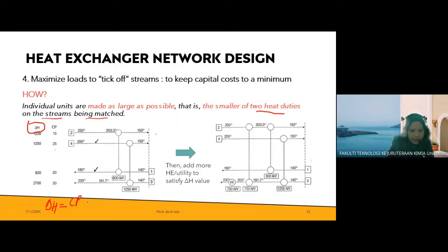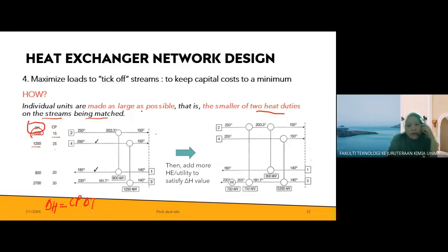CP delta T. So what is the CP value here? 15, and then delta T is 250 minus 150, which is 100. So 100 times 15, you get 1,500. And then similarly for stream 4, 200 minus 150 times CP, you get this value, and then calculate it for all the streams.